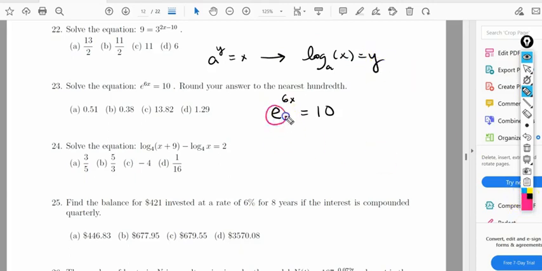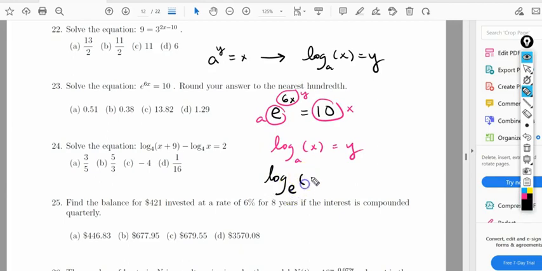So this is my a, that's my y, and that's my x. And now, if the base is e, the shorthand is ln of 10.